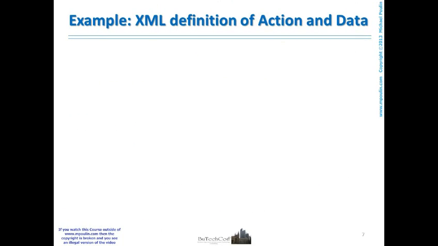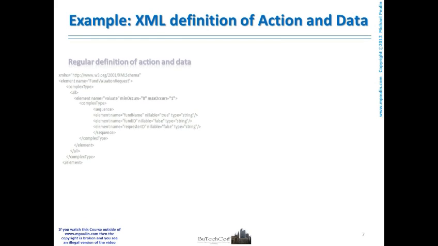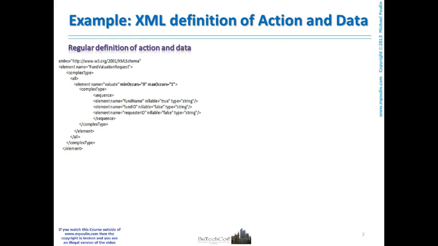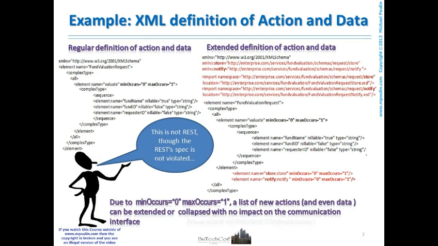Example, an XML definition of action and data. Let's compare a regular XML load of the post with an extended one. There are two new actions added, store and notify. The extended load can be used for new and existing consumers.